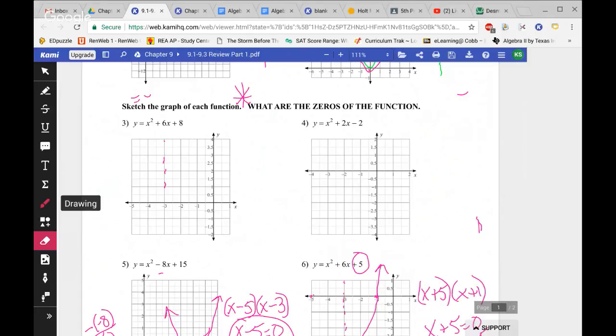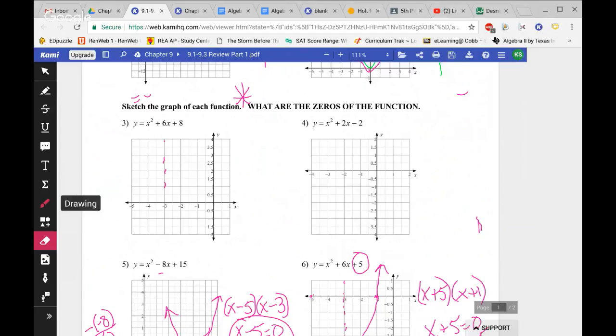And factoring is where you find 2 numbers that multiply to equal C and also add up to equal B. So for number 3, the 2 factors that multiply to give you 8 and add to give you 6 are 4 and 2.